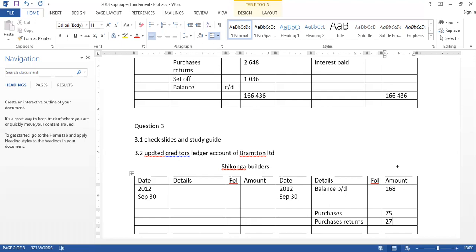If you look in your supplier statement, the 9th, the $75. You are told that this amount was not meant for Chikongo builders, but it was meant for Brains Ltd.